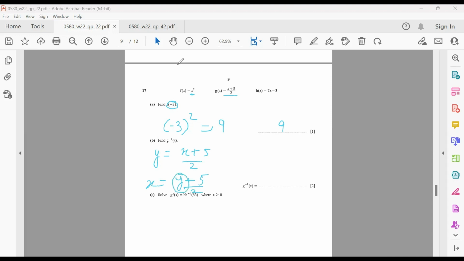And then you try and make y the subject of the formula. So that gives you 2x equal to y plus 5, and then 2x minus 5 is equal to y. So this equation here is your inverse. The g inverse of x is 2x minus 5.